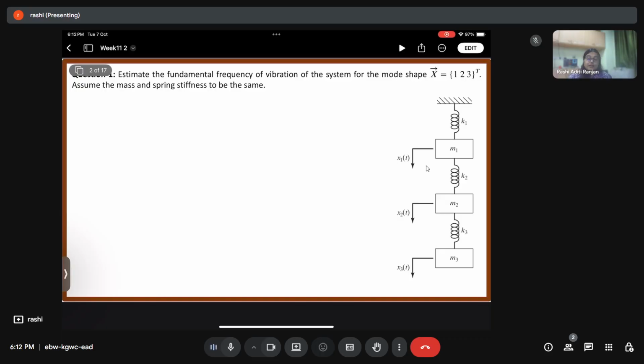Like we discussed in the last class about the multi-degree of freedom system, for multiple degrees of freedom we were evaluating the eigenvalues, which corresponded to the natural frequencies, and for every natural frequency we had a particular eigenvector, which corresponded to a mode shape.